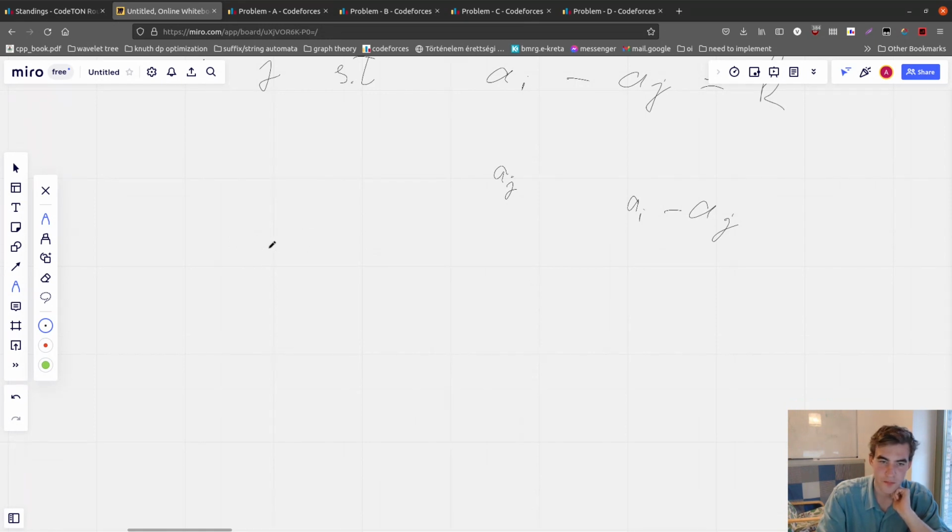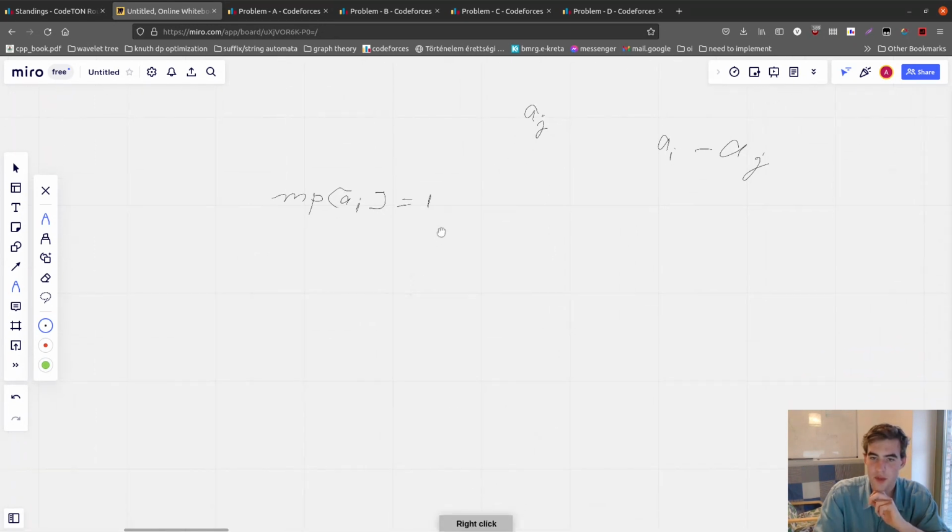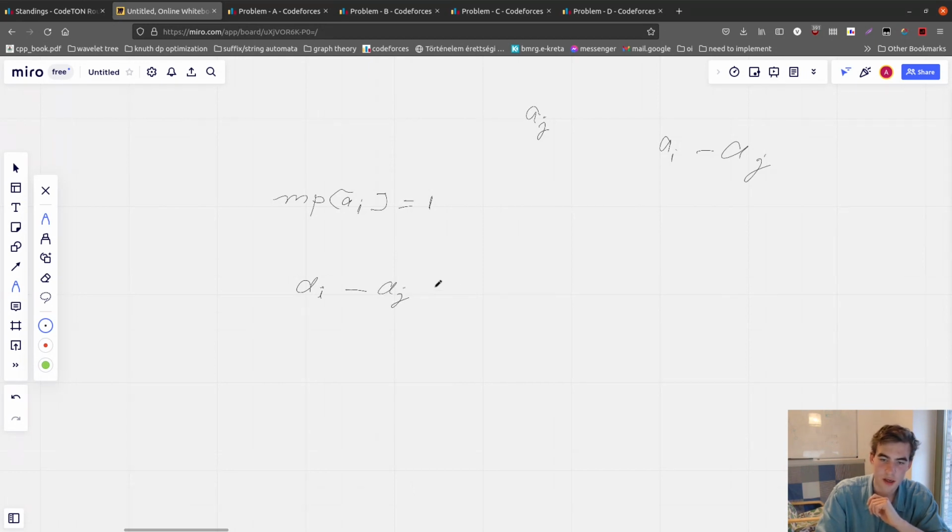So when I read in the numbers in the array, I just stored it in a map, mp[ai] equals 1, and then I went over all the integers in the array again, and I was looking if there exists an aj such that ai minus aj equals k. Well, we know that aj must equal ai minus k.